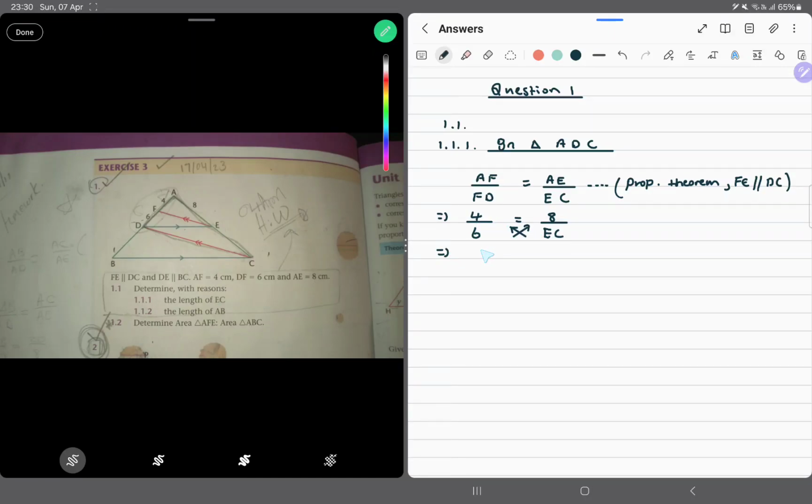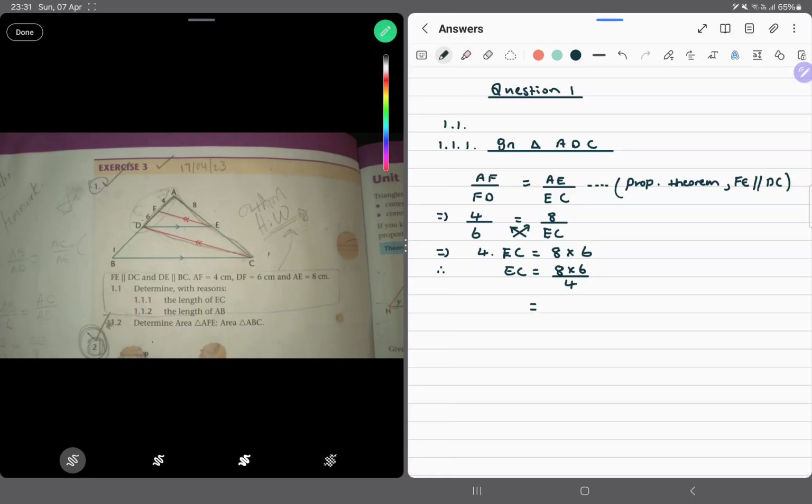This implies that we've got 4 times EC is going to be equal to 8 times 6. Therefore, you divide by 4. Our EC is going to be 8 times 6, all divided by 4. Now, what is that?